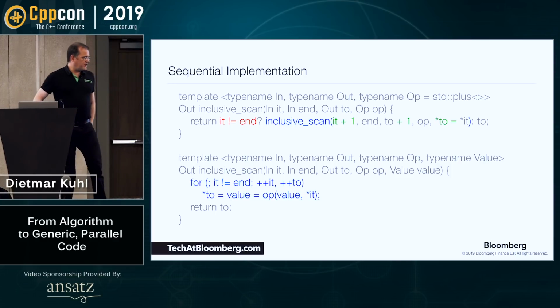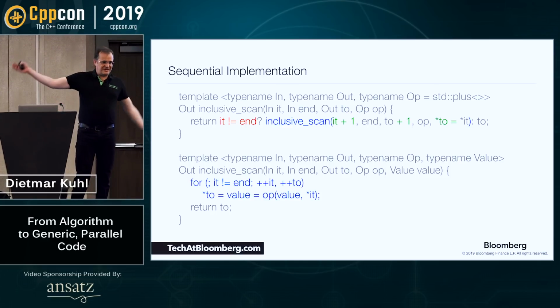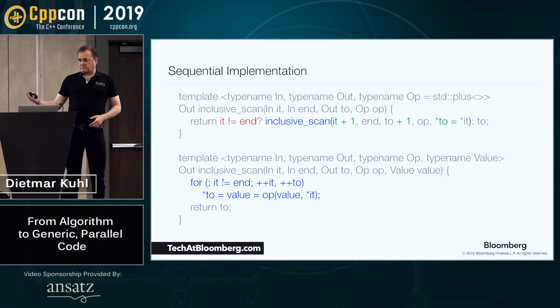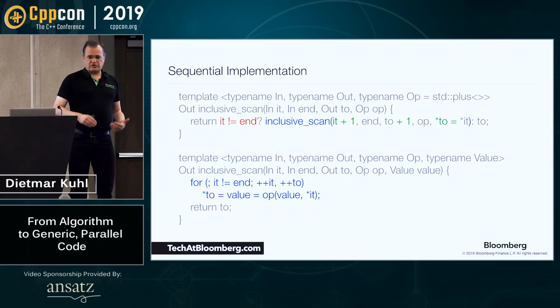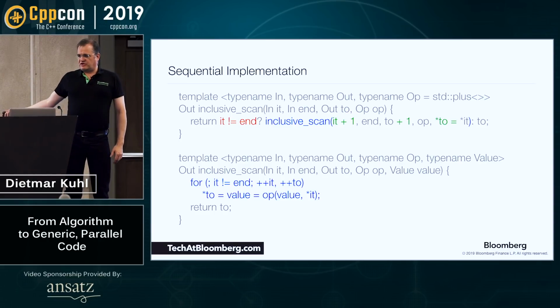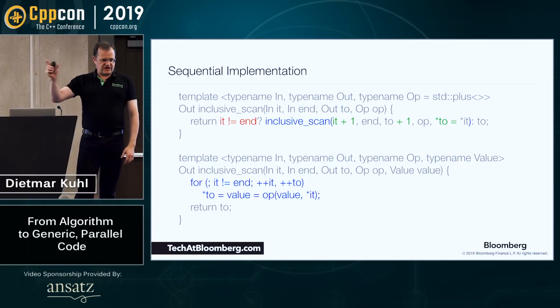That's fairly common practice. If you went to Connor's talk, he said all these algorithms are actually effectively just reduce. This is a similar case over here. So we delegate one version of inclusive scan to a different version. And the other one just does the computation. The key difference is we have an initial value and we can just deal with the initial value.